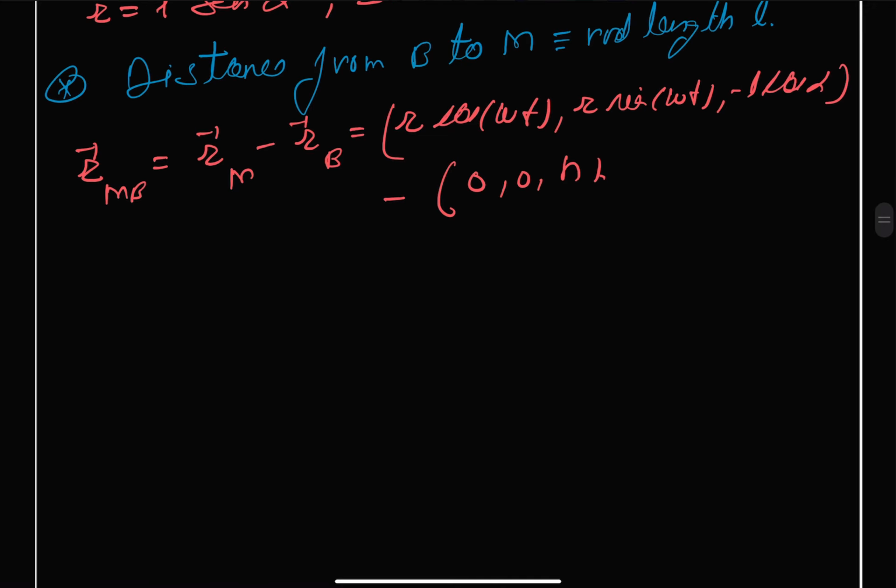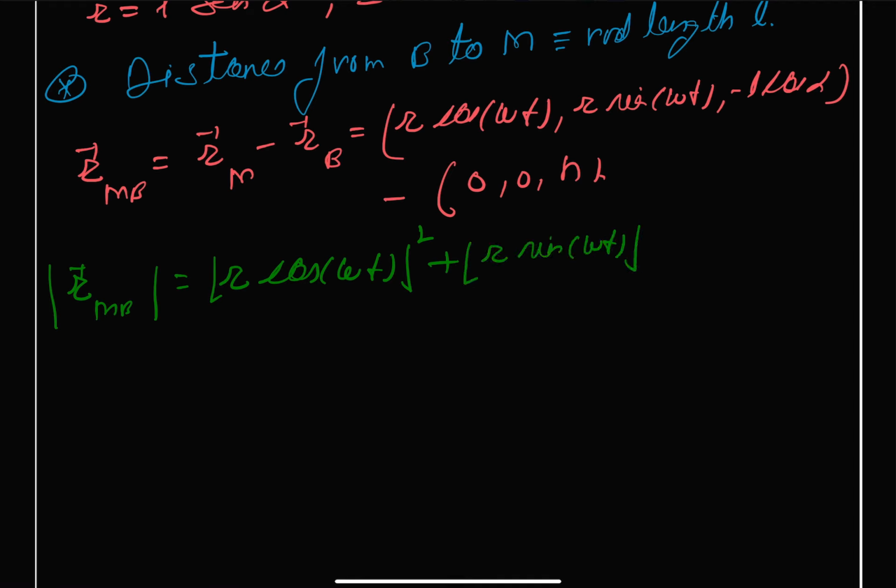And for the magnitude, we can say that RMB, its magnitude, will be equal to the square root of R cos of omega t whole square plus R sine of omega t whole square plus minus L cos of alpha minus h whole square.